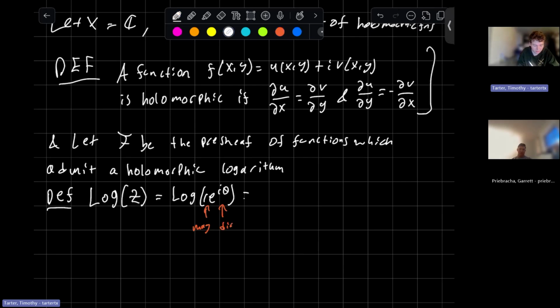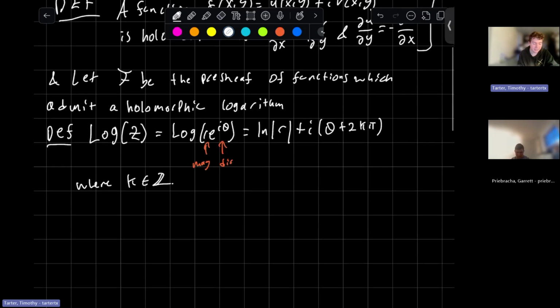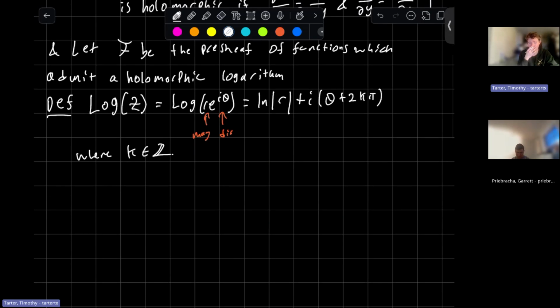So then the complex log is equal to the real natural log of the absolute value of r, plus i times theta plus 2k pi, where k is in Z. So basically, the idea here is that we get this idea of branching, right?